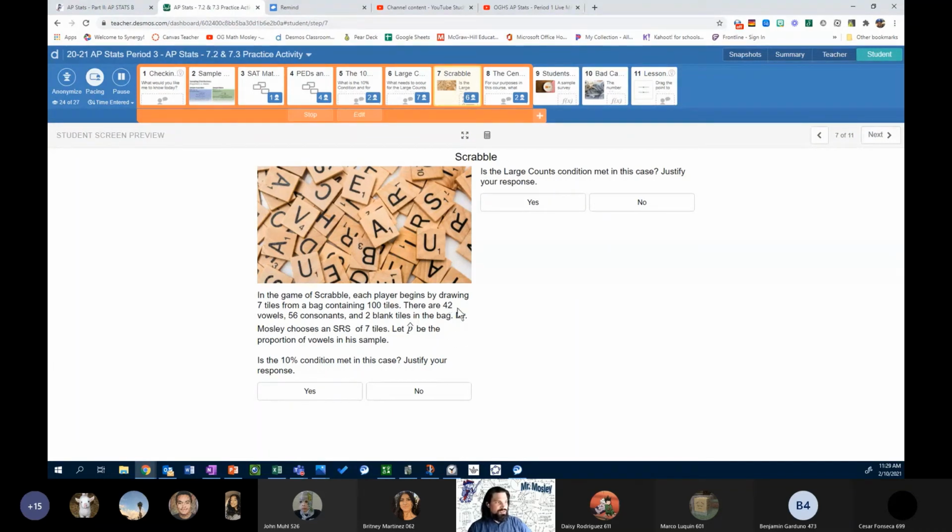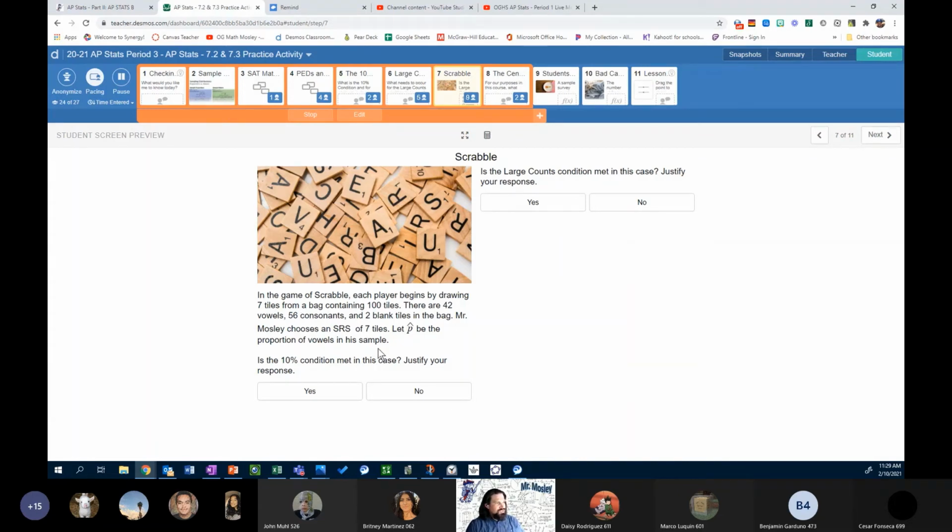There's a 0.42 proportion of vowels, because 42 out of 100, a 0.56 proportion of consonants, and a 0.02 proportion of blank tiles. So we have proportions for the population. They're just not directly given as decimals.